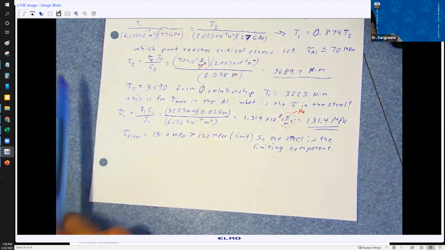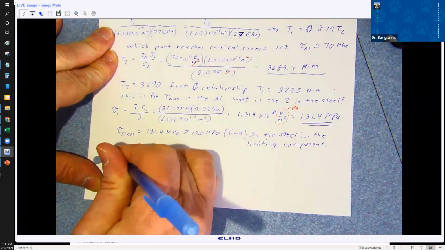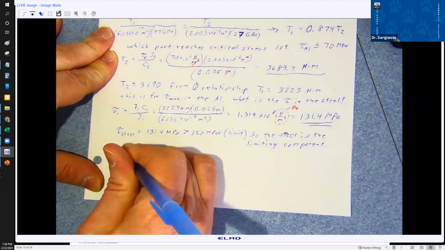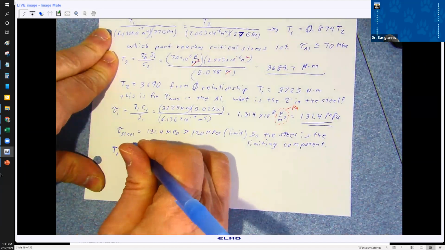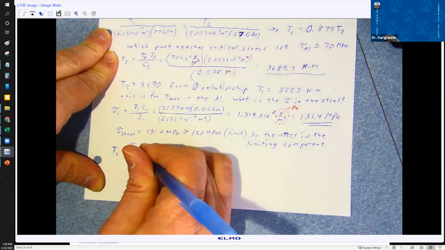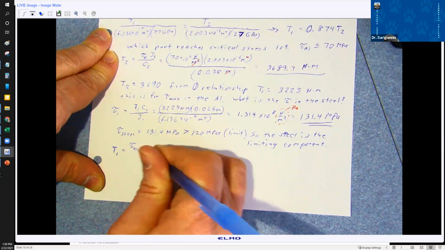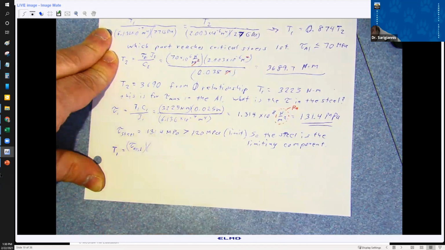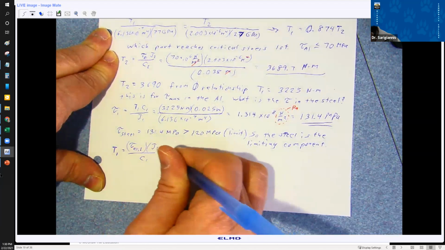Except we're going to calculate torque 1 now. So torque 1 for the steel is equal to the allowable shear stress for the steel times the polar moment of inertia over the radius, right?